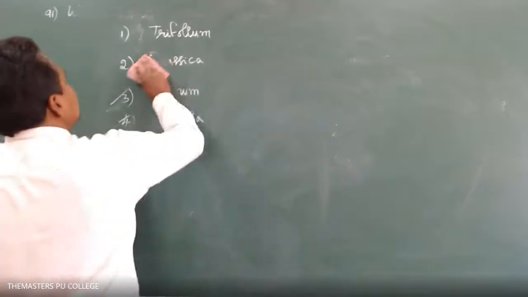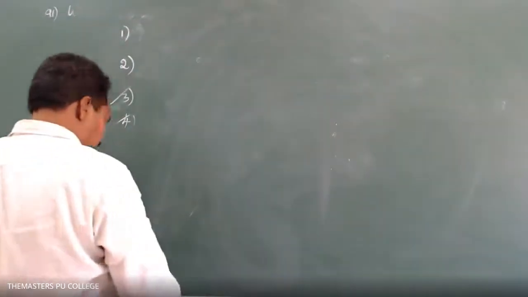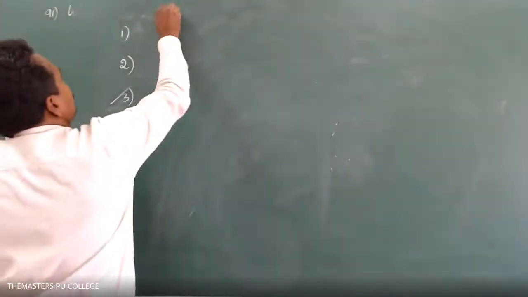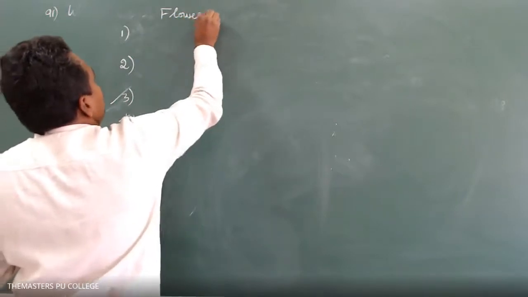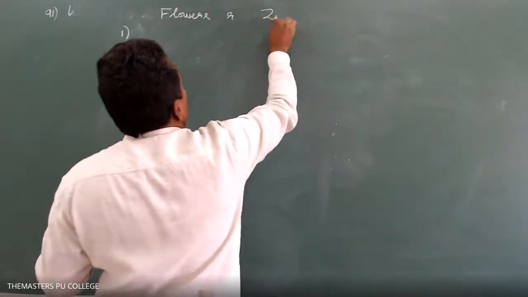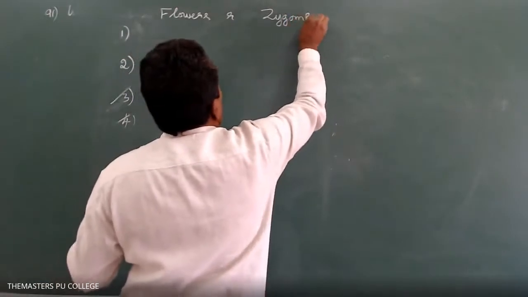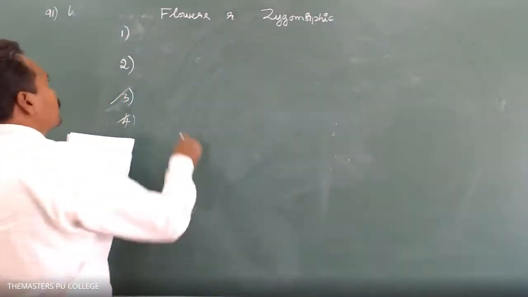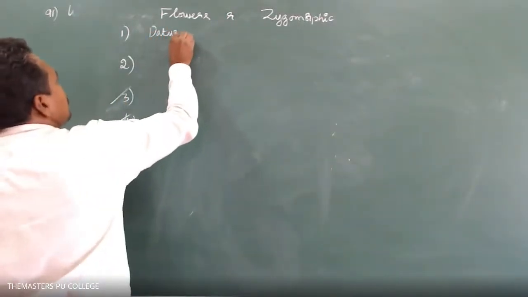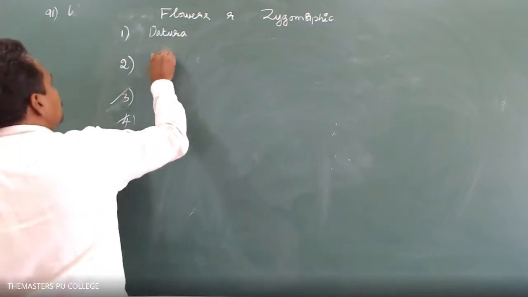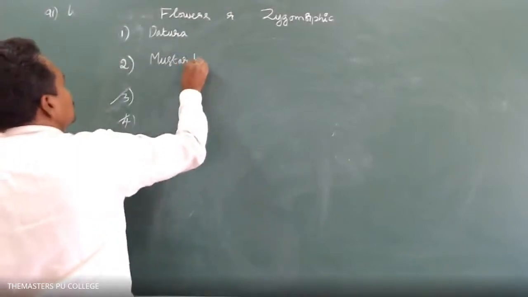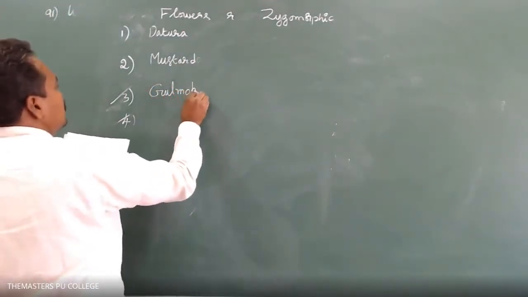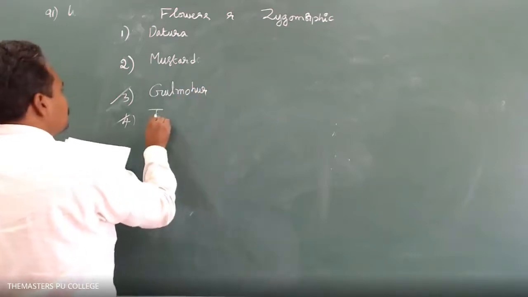Flowers are zygomorphic in option 1 datura, option 2 mustard, option 3 gulmohar, option 4 tomato.